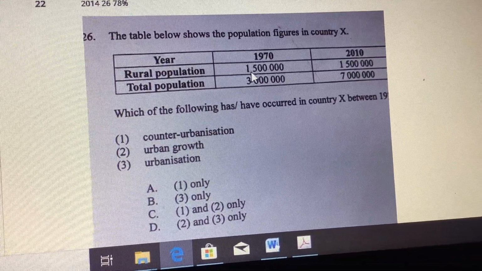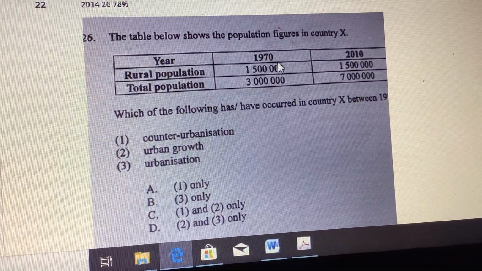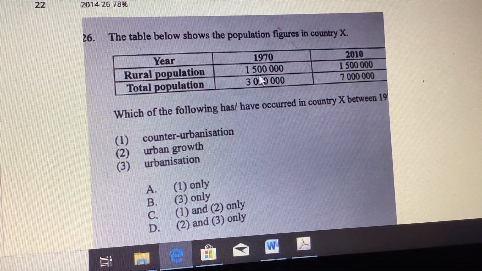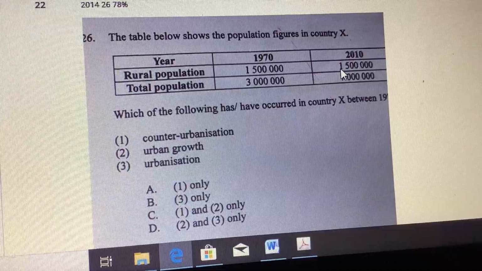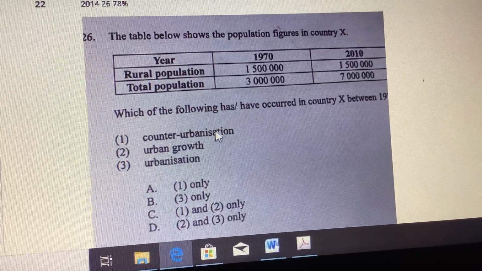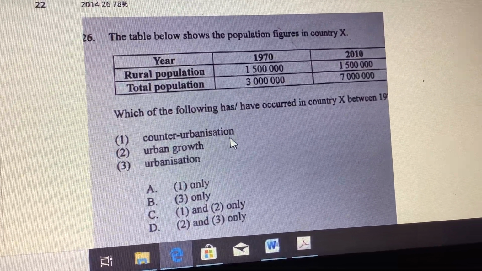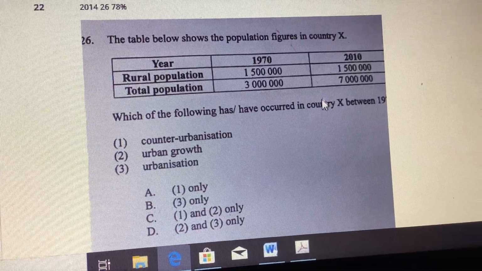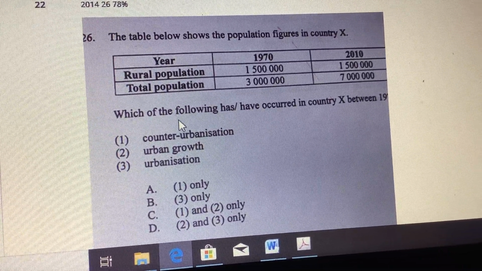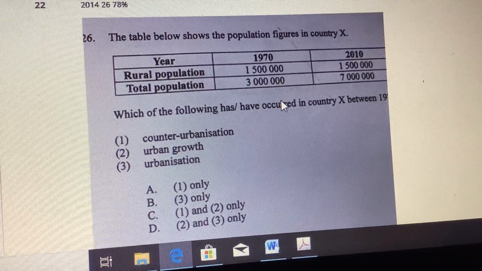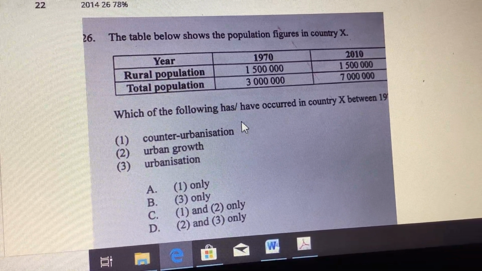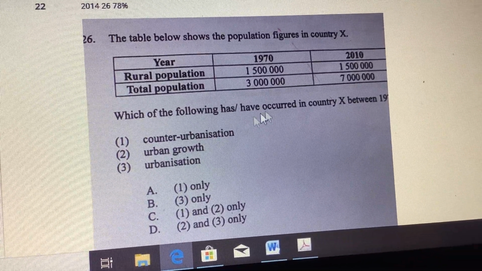Okay. And you can see during the 1970 it is 1.5 million, and then for the 2010 it's still 1.5 million. So what is happening? Counter urbanization. What is counter urbanization? It is talking about the urban people moving to the suburbs area, or to a smaller urban area, or even the rural areas. Is it the case?